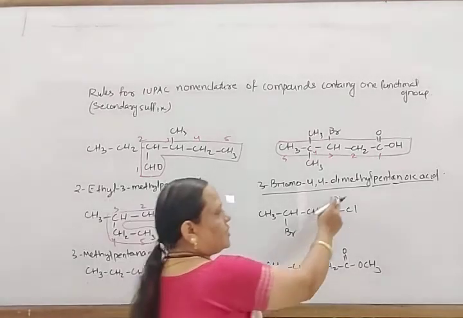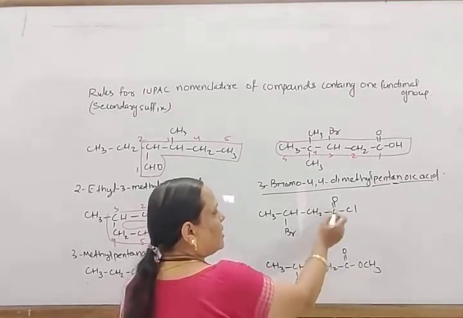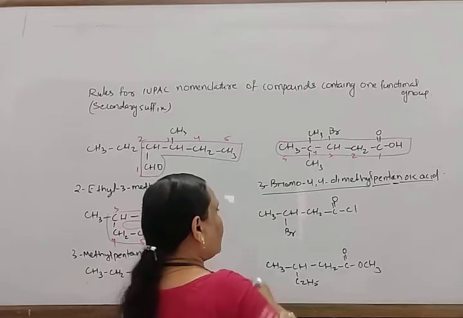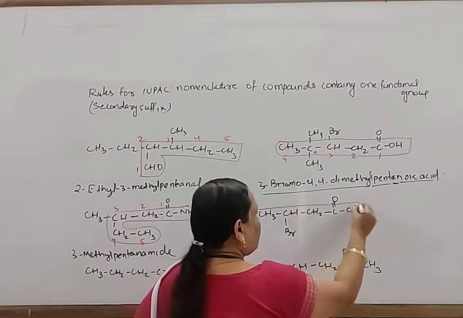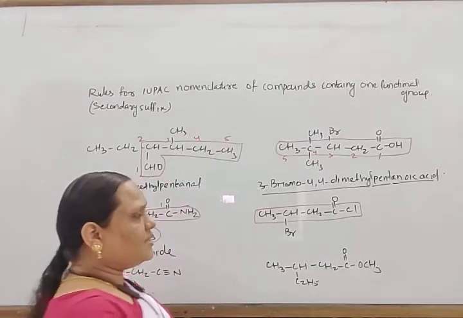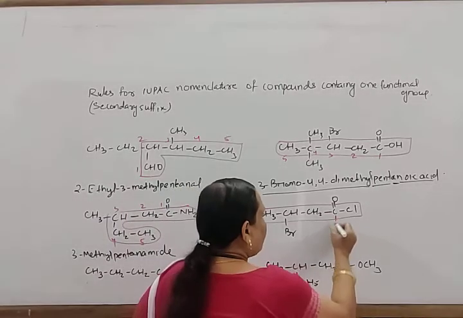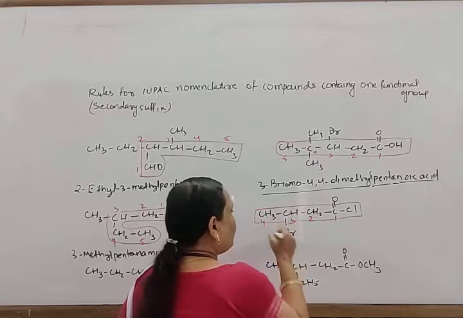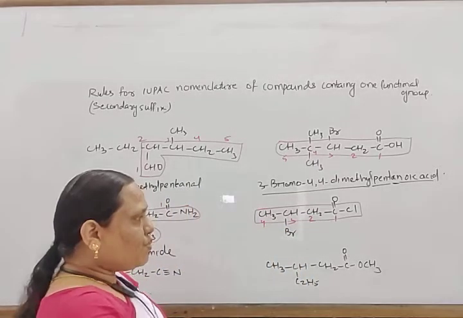Now let's come to here. This is your COCl, acid chloride, and starting from here again we go in the same way. These are known as the oyl chloride. Already you know this. Starting from here, 1, 2, 3, 4, at 3 position bromo is there.